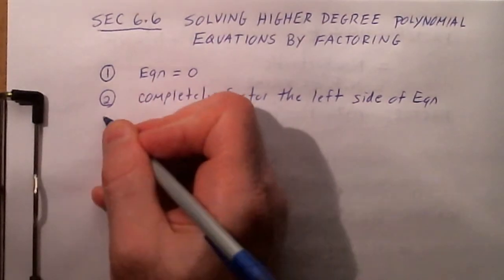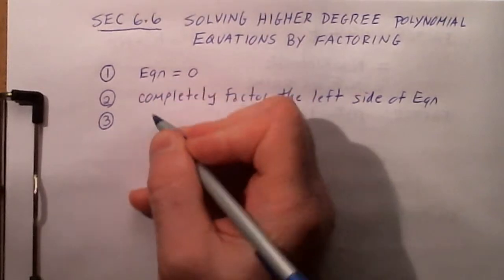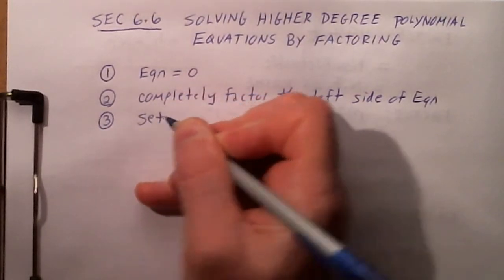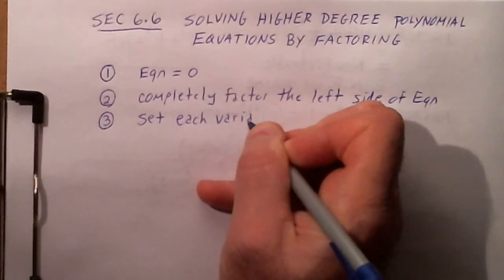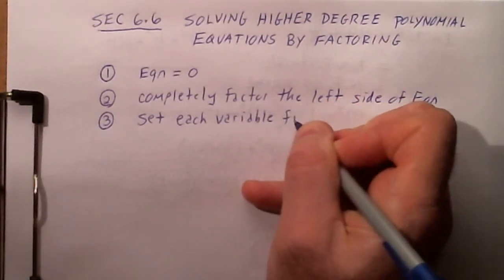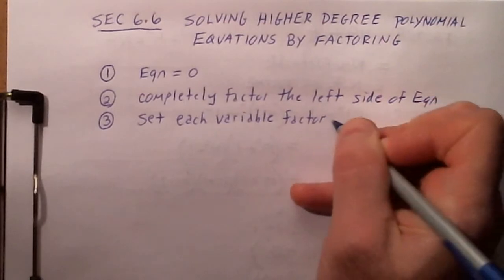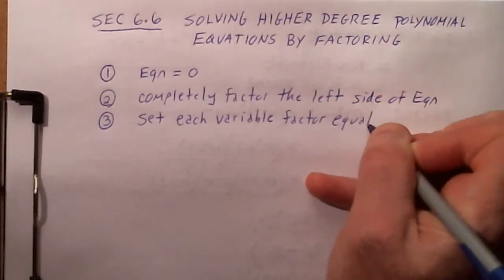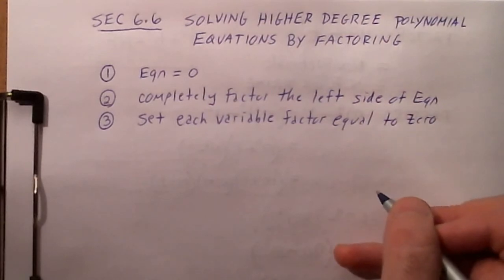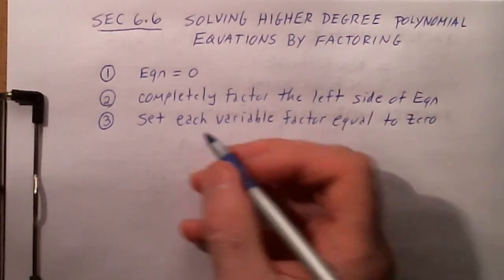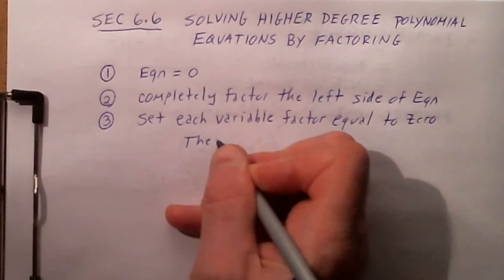And once we completely factor the left side of our equation, then we're going to set each variable factor equal to 0. And what justifies us in doing such a thing is this theorem. There's a theorem in mathematics.